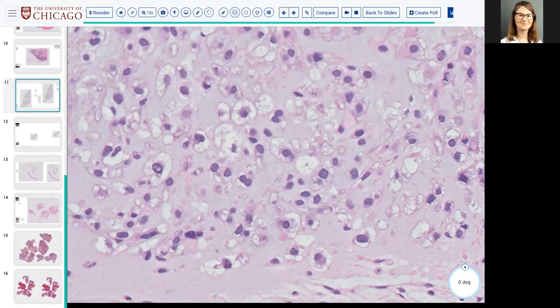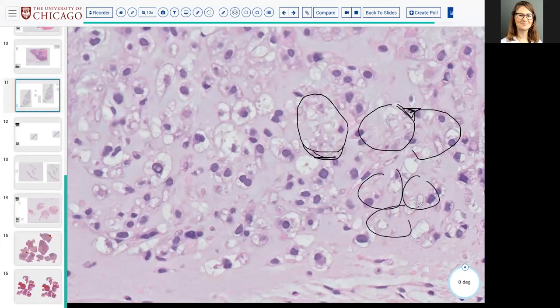Exactly. The key with lipoblasts is that, as Perry said, the fat vacuole indents the nucleus. If you have a univacuolated lipoblast, the nucleus is out here. If you have a double vacuolated lipoblast, the nucleus is kind of triangular out here. If you have a multivacuolated lipoblast, the nucleus can take on all kinds of weird shapes.